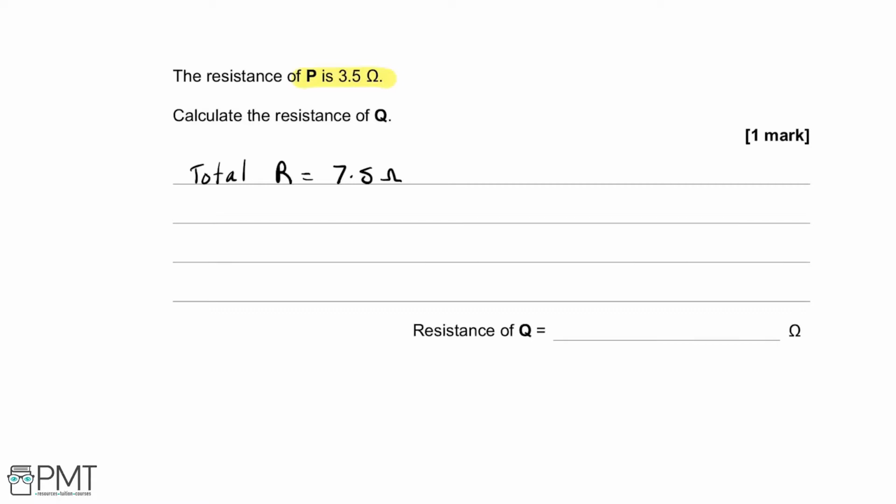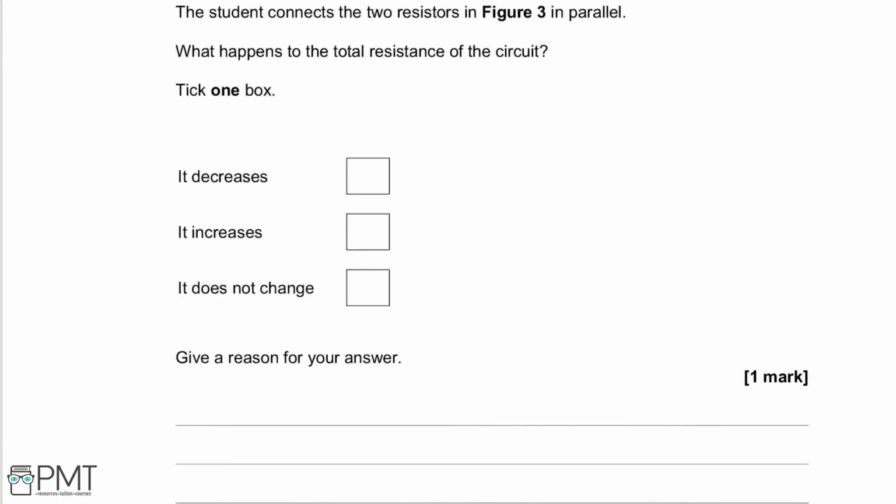However, we're looking for the total resistance of the circuit, and so we won't be looking for that resistance because that doesn't include the resistance of Q, whereas the total resistance will be the resistance of P added to the resistance of Q.